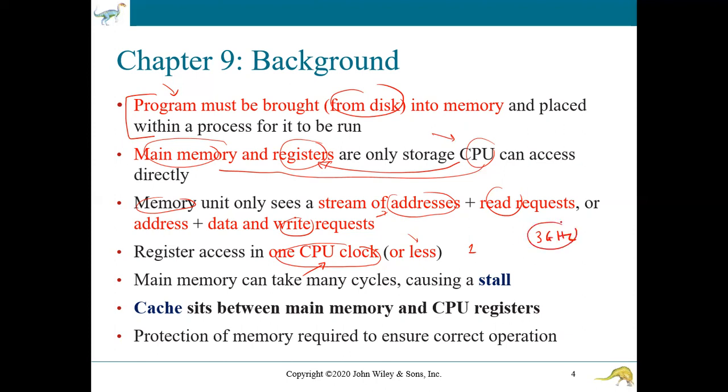So 3 gigahertz means that the clock tick equals 1 over 3 multiplied by 10 to the power of 9 seconds, which is 1/3, like 0.33, times 10 to the power of minus 9 seconds.